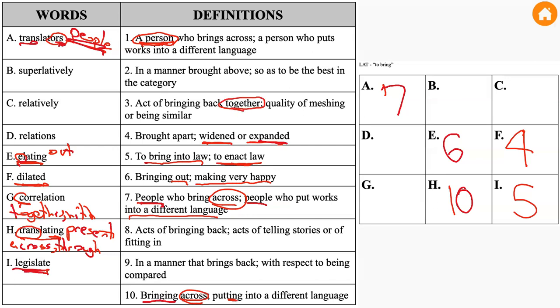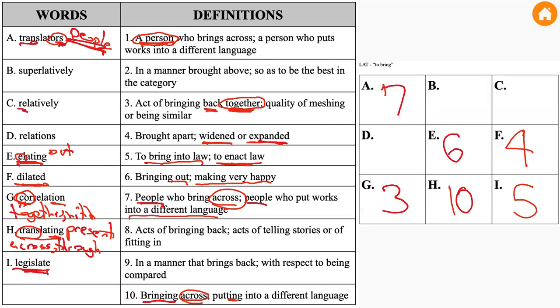Yeah, because you have. So correlation is 3, active bringing back, but we have that word together. And because of together and COR, that means that G has to be 3. Active bringing back together. TION, act of.